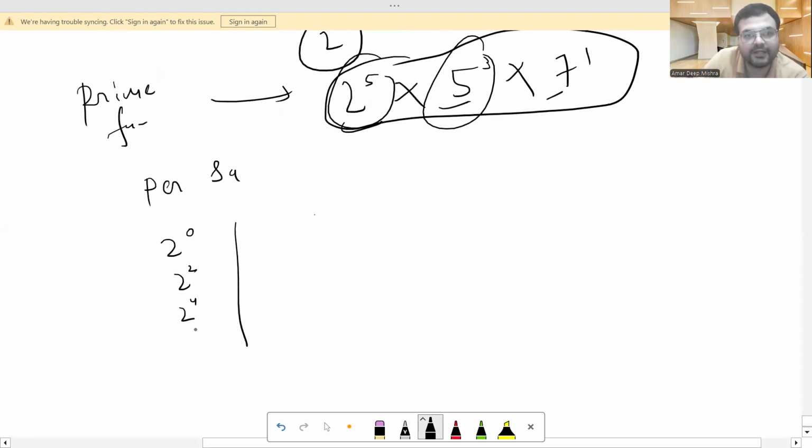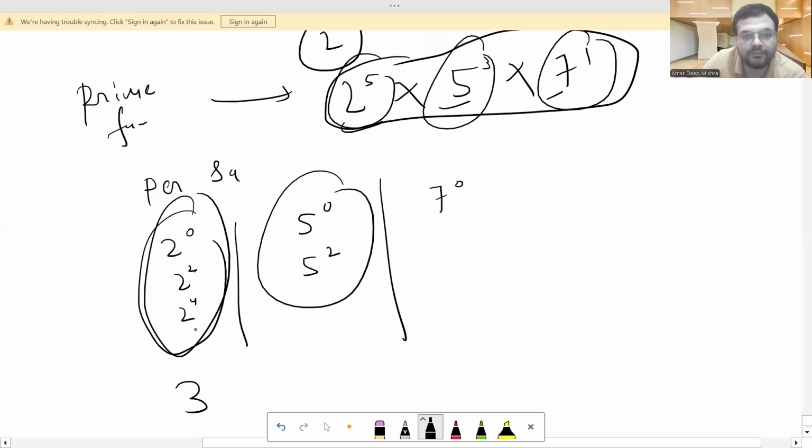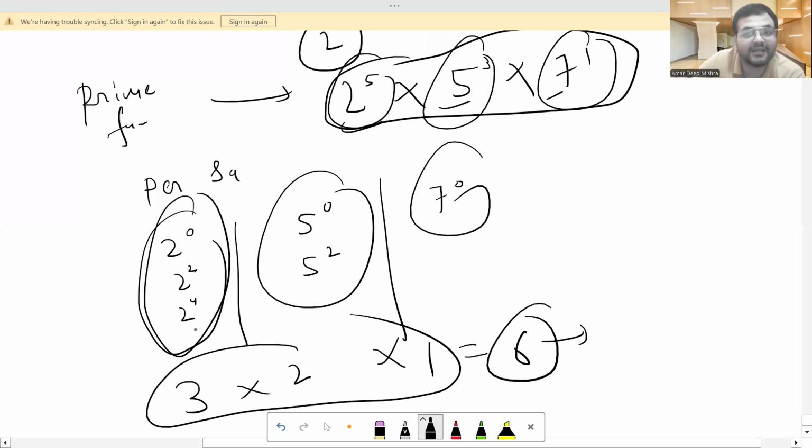For 5, we will take 5 power 0, 5 square. For 7, we will take 7 power 0. I cannot take 7 power 2 because that is not available here. In the first column, 3 values. Second column, 2 values. Third column, 1 value. So 3 into 2 into 1 will be a total of 6.